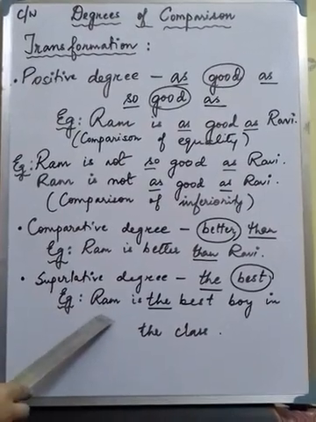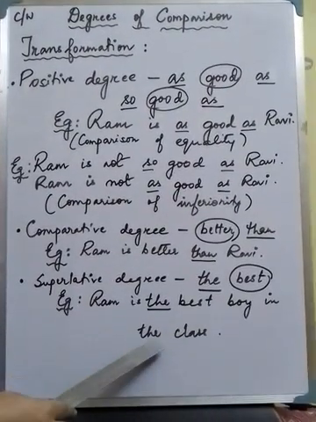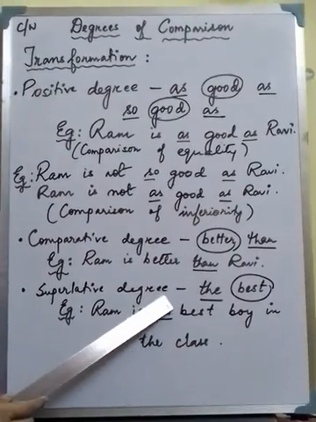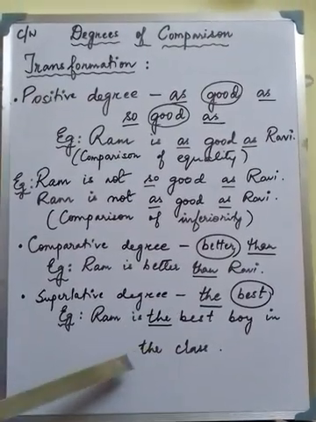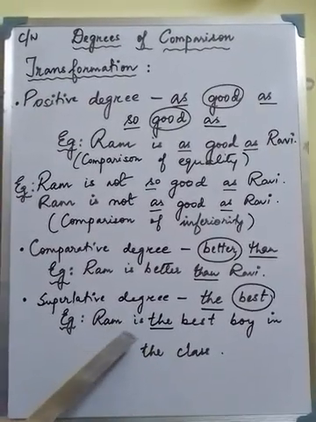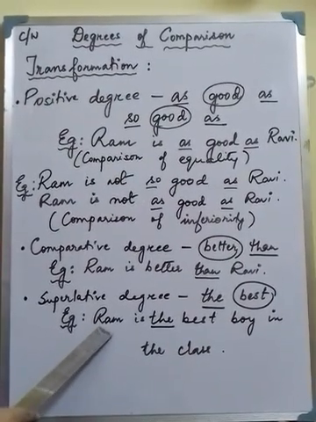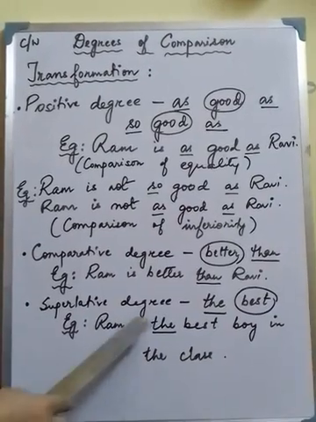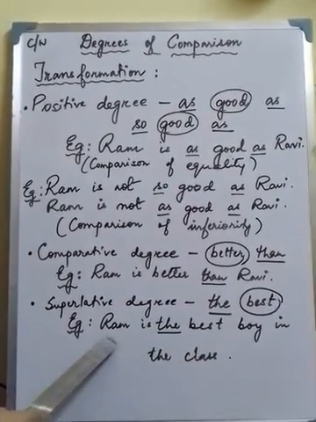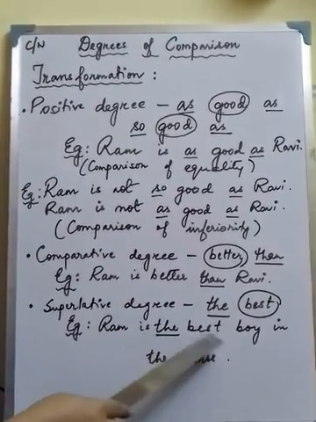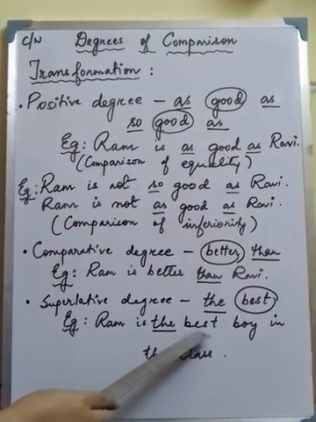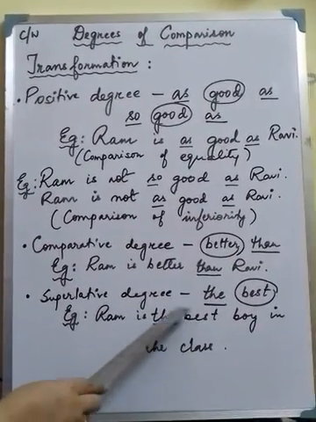For example, Ram is the best boy in the class. If we omit the, Ram is best boy in the class, that makes a wrong sentence. Ram is the best boy. So the comparison is here between Ram and the rest of the boys in the class. And who is the best? Ram is the best. So we cannot use superlative degree without the use of the.